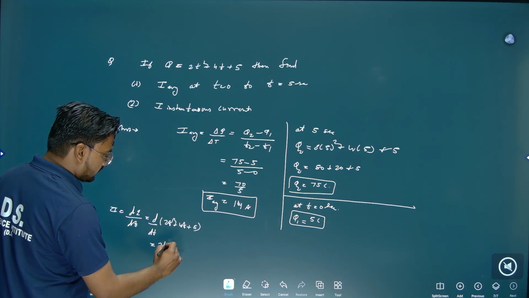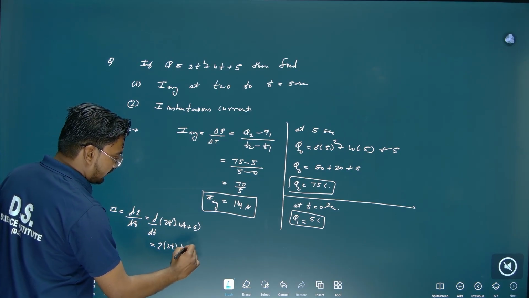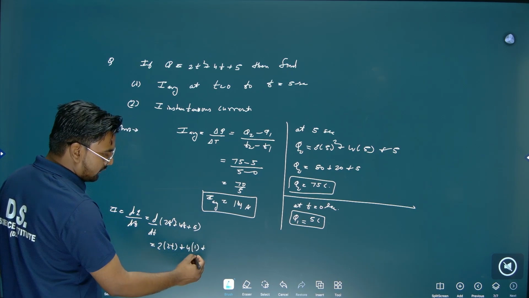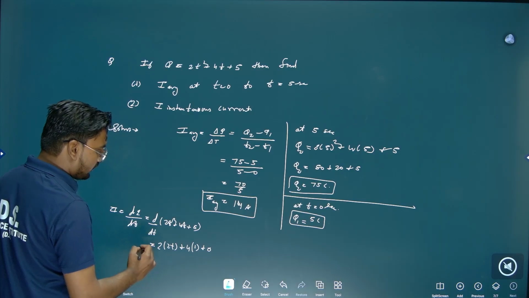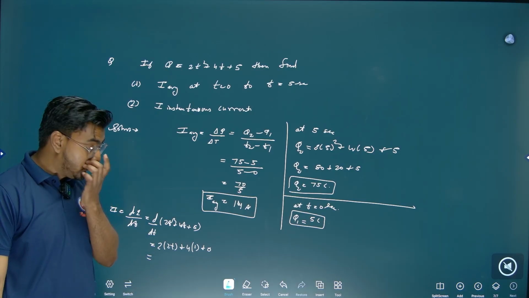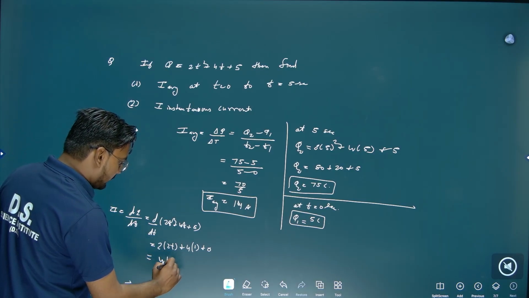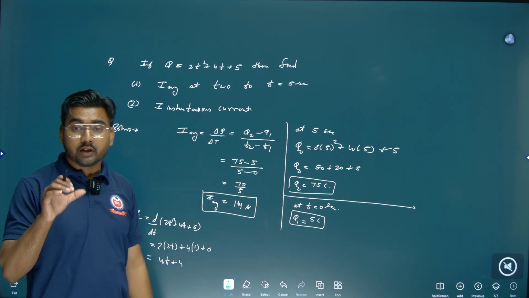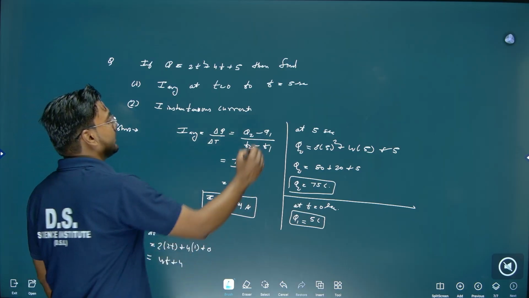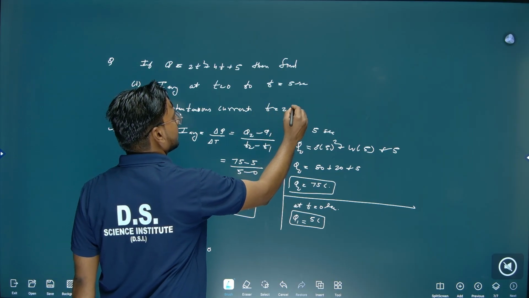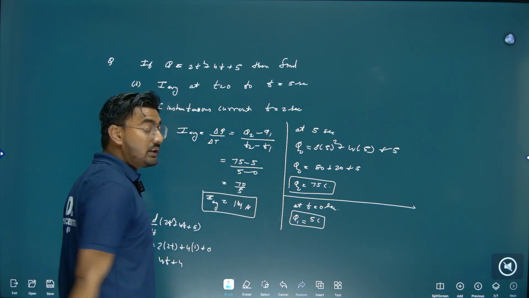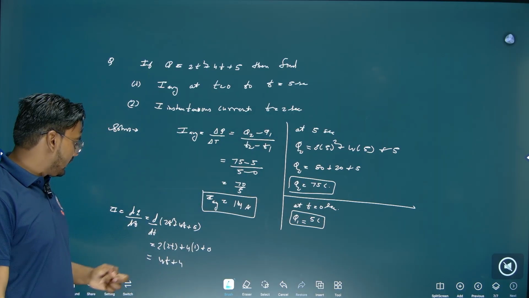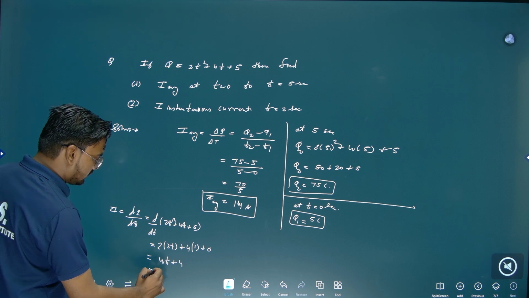So 2t square becomes 4t, 4t becomes 4, and the differentiation of a constant is 0. So we get 4t plus 4, and we have to find the value of current at a particular instant. Suppose t equals 2 second. So put t equals 2 here.